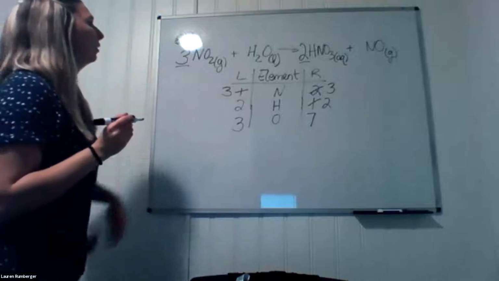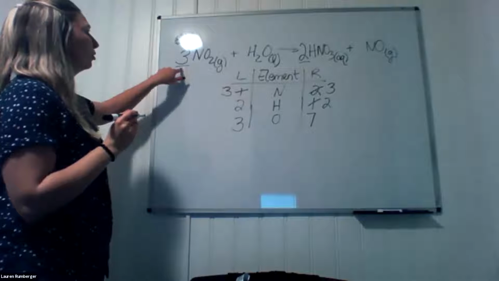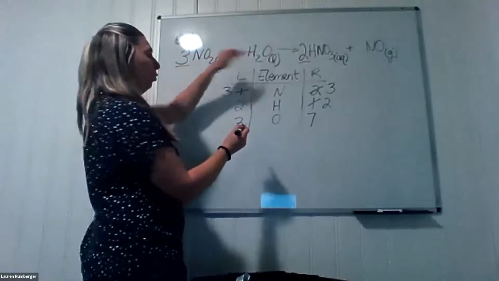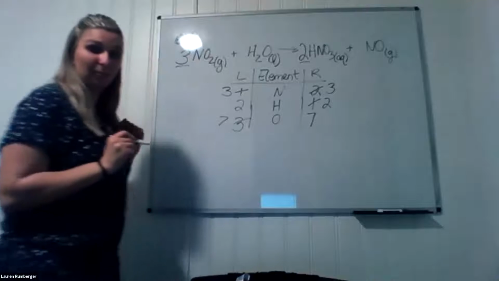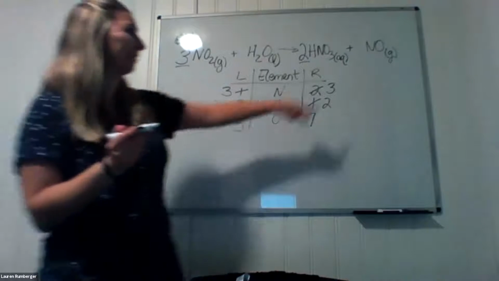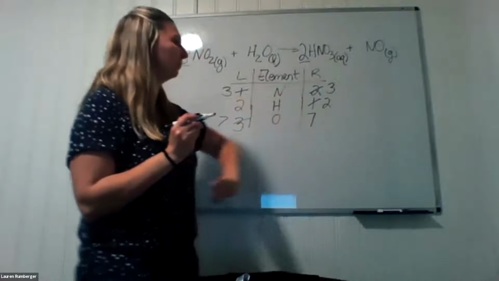Okay, now what does that give us? That now gives us 3 times 2 is 6, plus 1 is 7. Magically worked, just because I noticed that we didn't count that other nitrogen.